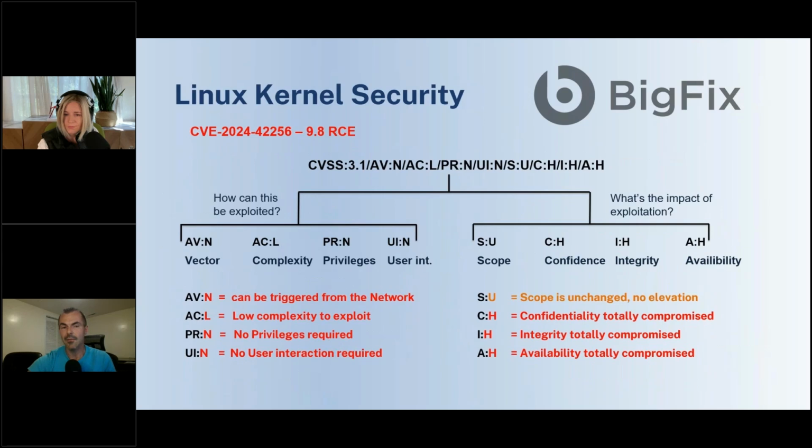This is specific to this one vulnerability, of course, but all of this data applies to any vulnerability you'll see out there. Anything with a CVSS 3 score will have this information, and it can give you clues as to what the vulnerability really is and how it impacts you without having to know the specifics.